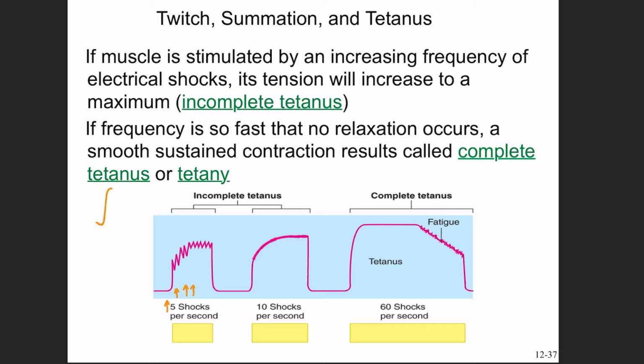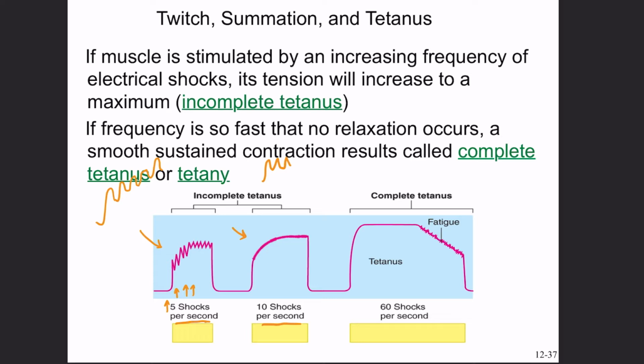However, they will relax slightly a bit every time. And so it makes kind of an up and down pattern like this. This is called incomplete tetanus. So there are so many stimuli per second where there is rest being able to occur in between each twitch, even though they are summating.